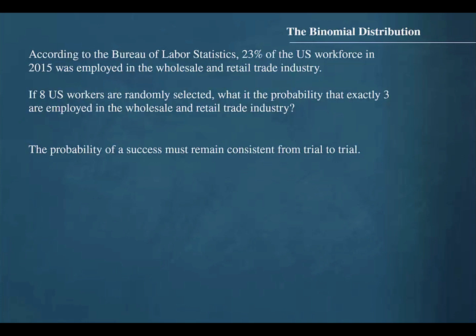The Bureau of Labor Statistics reports that 23% of the U.S. workforce in 2015 was employed in the wholesale and retail industry. So the probability of success will remain constant at 0.23, and the probability of a failure will remain constant at 0.77, which is 1 minus 0.23.